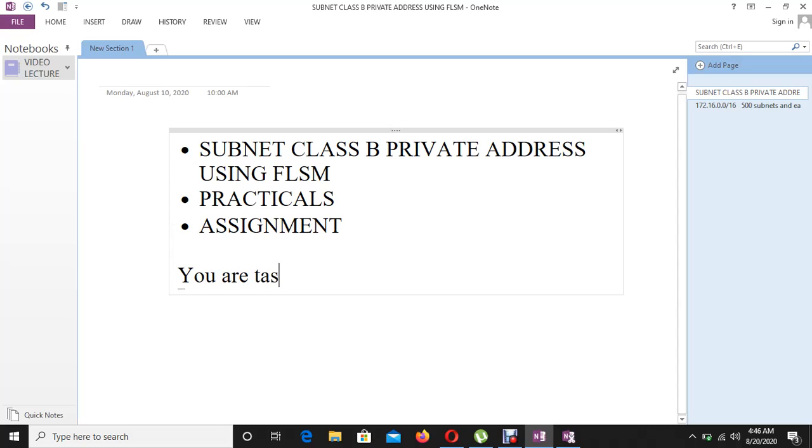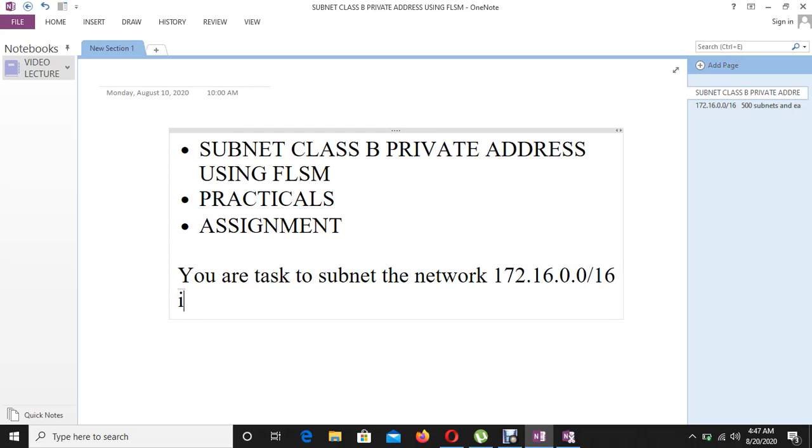Okay, you are tasked to subnet the network 172.16.0.0/16 into 1000 subnets.